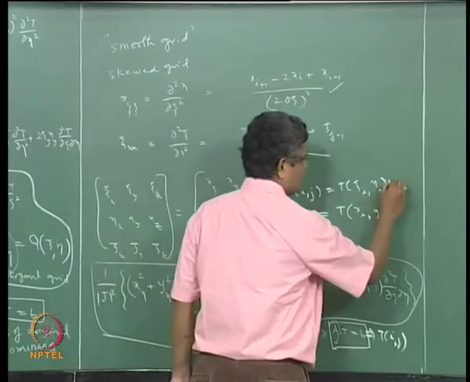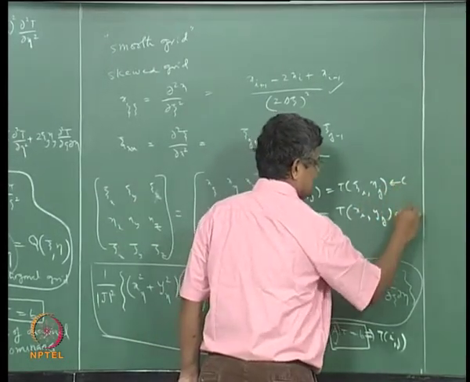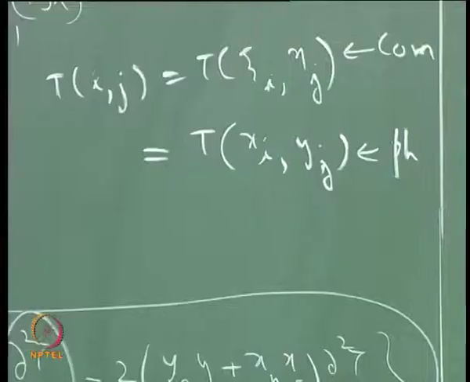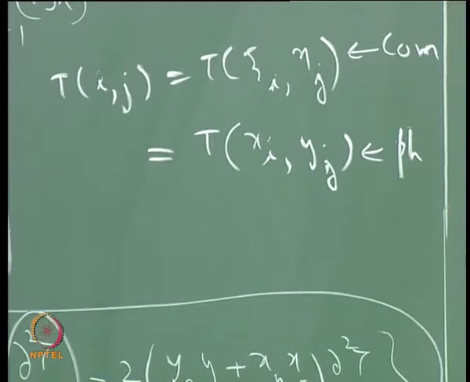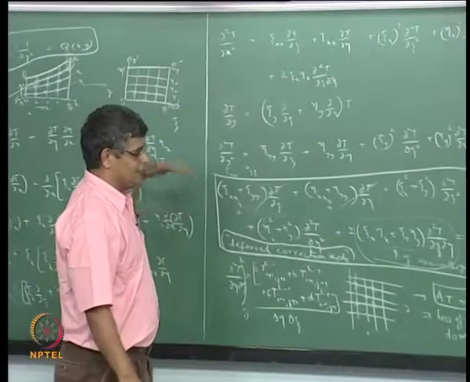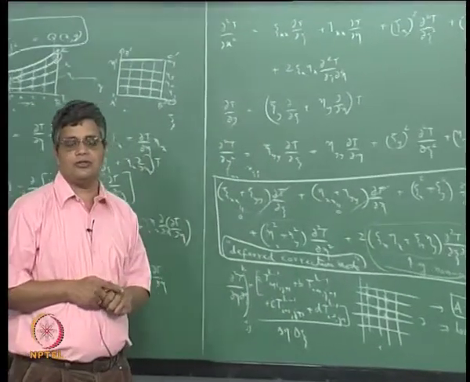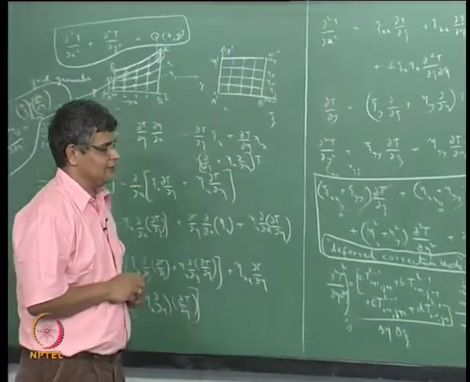So this is the computational plane and this is the physical plane. So this is how we can get a solution in this approach, which calls for a fairly complicated approach for a complicated geometry.